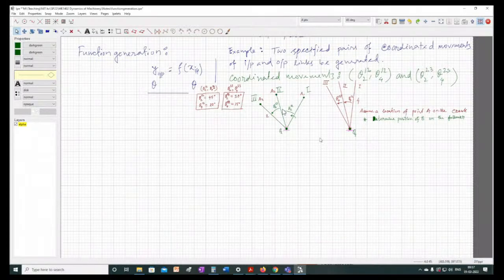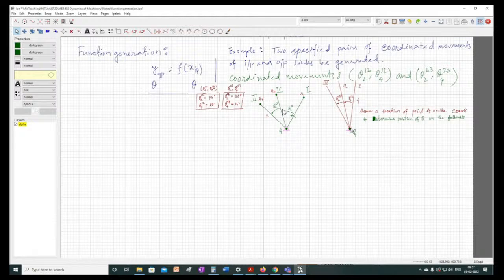Suppose I present the inverted motion of this A1, A2, A3. We have to locate B, right? Now AB is a fixed distance. Yes or no? AB is a fixed distance or not?